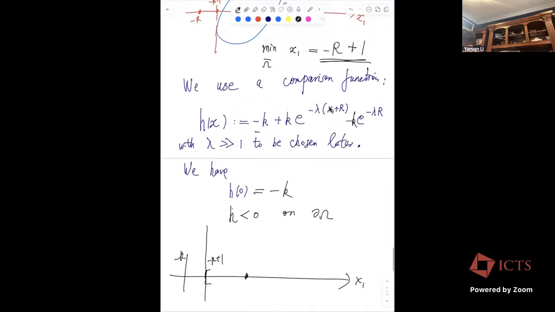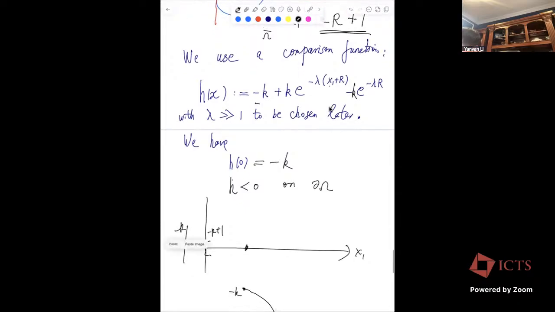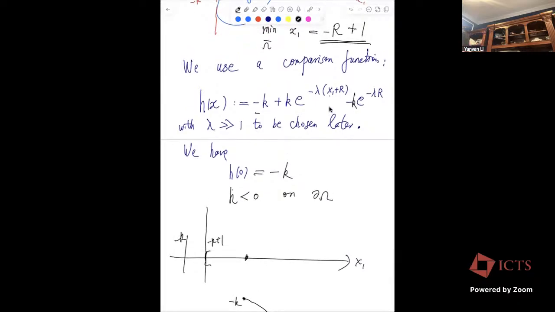That means when x1 is equal to minus r plus 1, the last term will be k e to the minus lambda minus k e to the minus lambda r minus k.